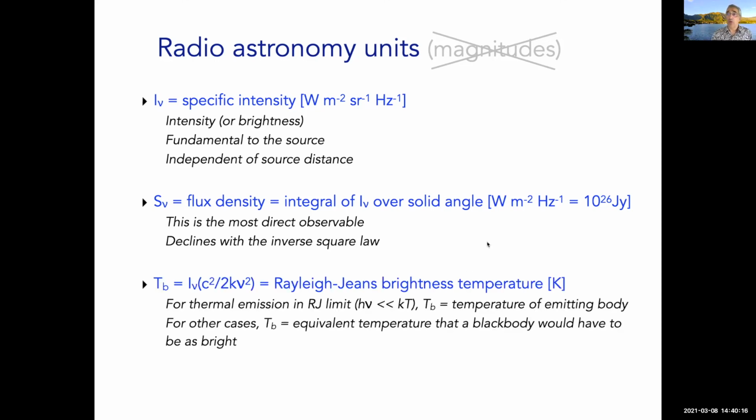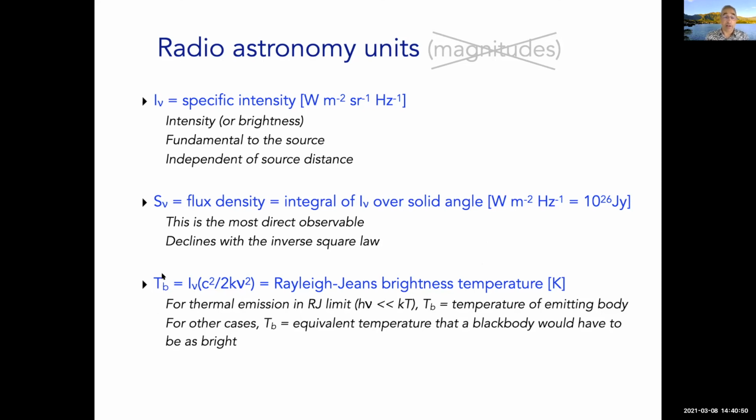Okay, now you'll also see that we talk about specific intensity in terms of a brightness temperature. Historically, this comes from the centimeter regime, where we would look at radiation at such long wavelengths that we were always in the Rayleigh-Jeans limit. So if you think of the intensity as an equivalent black body, then in the Rayleigh-Jeans limit, B_nu is basically 2kT over lambda squared.